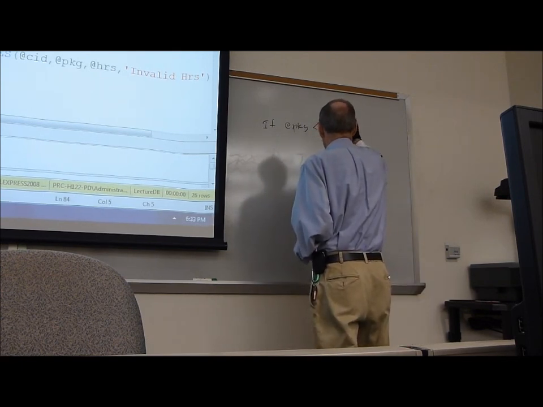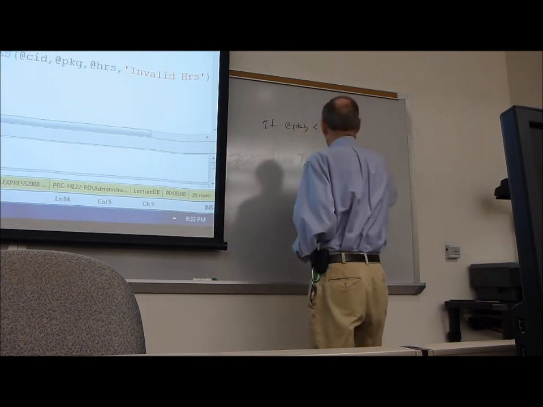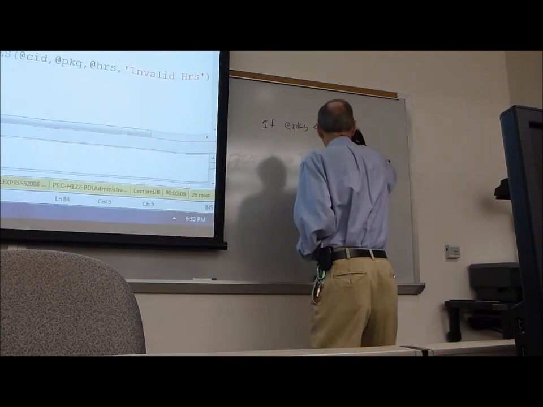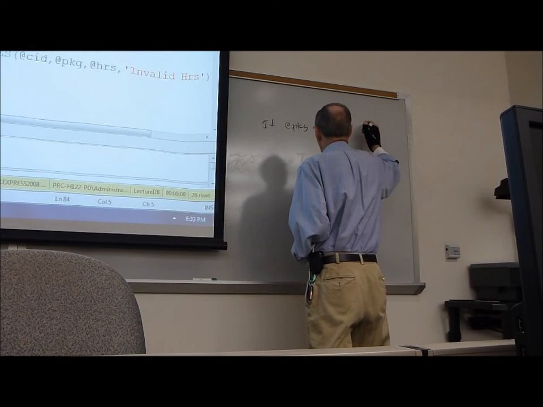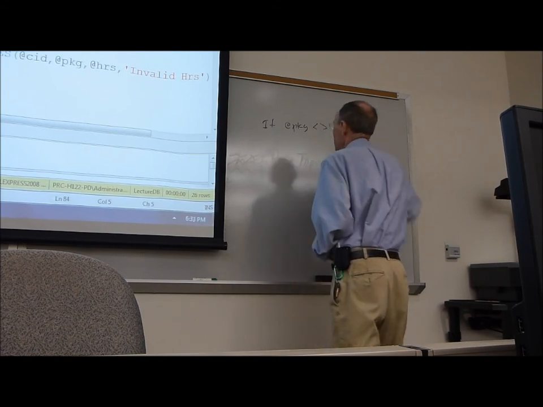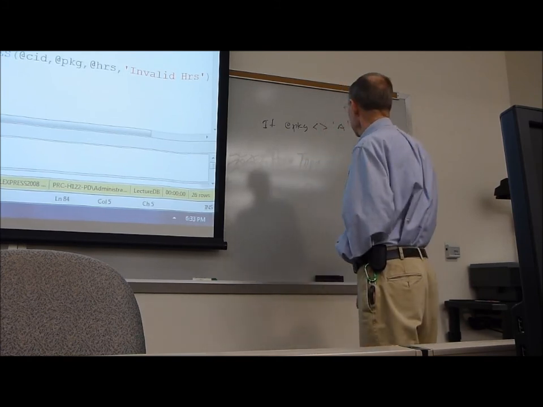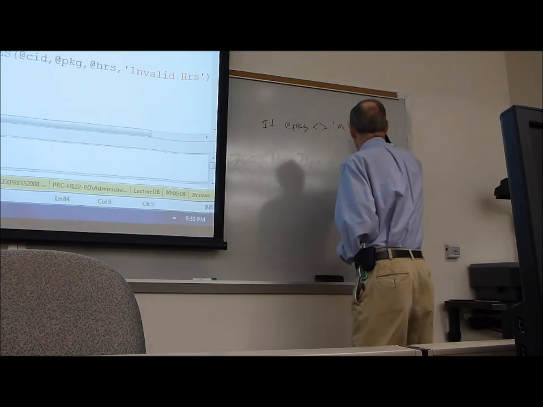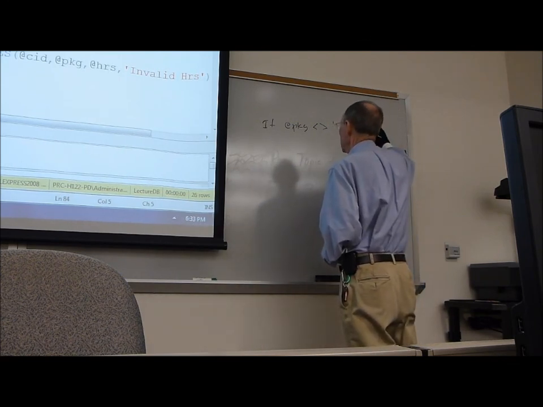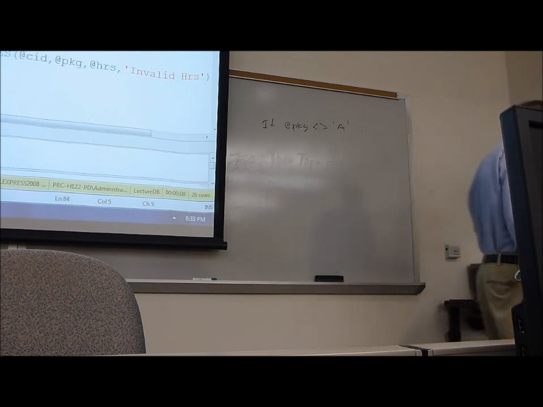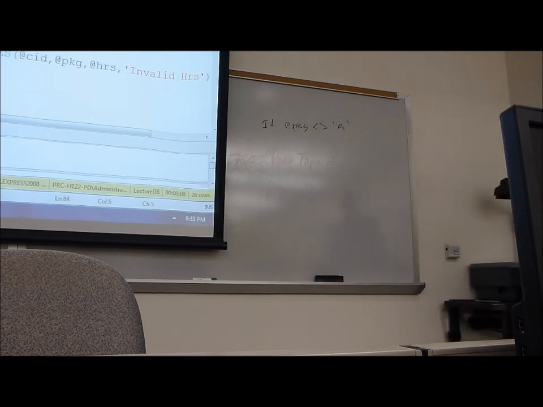Not equal to, we've got big A. In this case, since we're using the not there, it's going to be and on these things, because we're reversing the logic on it.